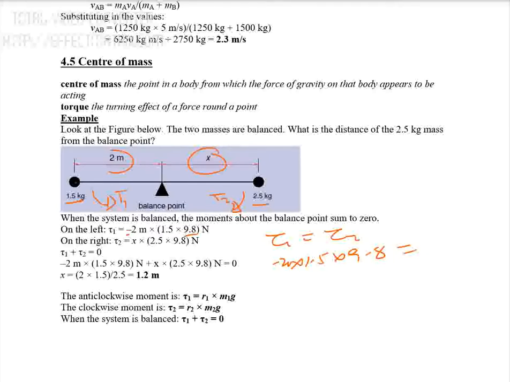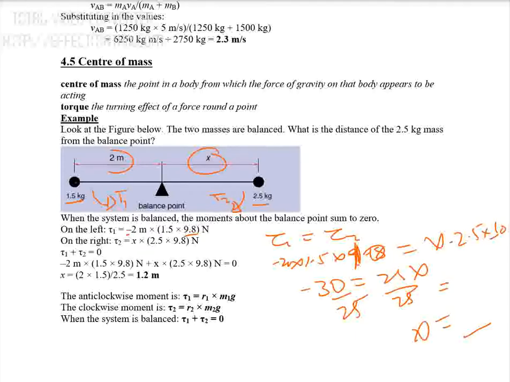This 9.8 is gravity, because we take the weight. Weight is equal to mass times gravity. Let us make it 10. For this one, x times 2.5 times 10 becomes 25x, and 2 times 15 gives minus 30. Then divide by 25 on both sides. Finally you get x is equal to some value, and the minus sign is only for the direction, that means clockwise and anti-clockwise direction.